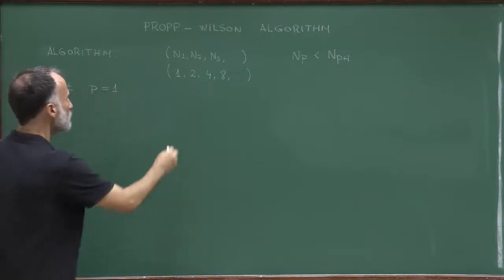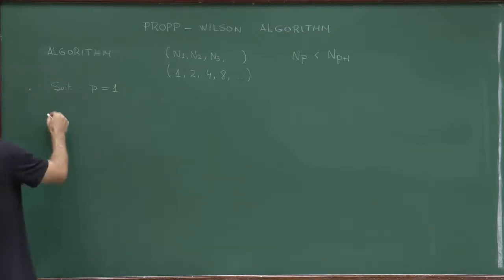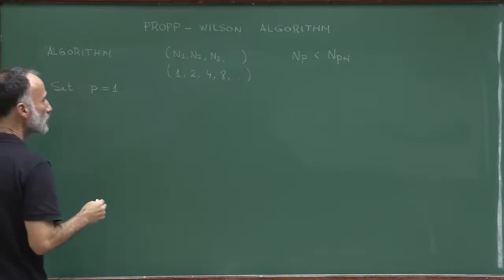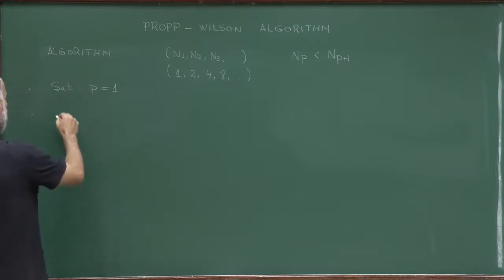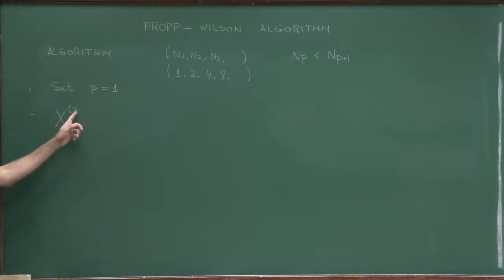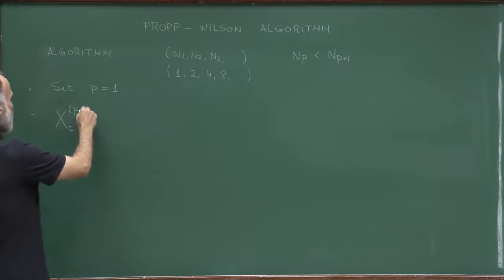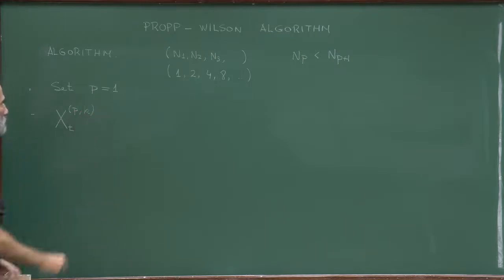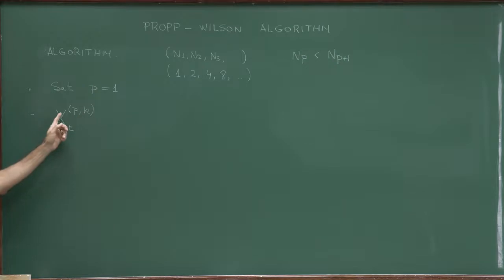So stage 1 means that you do the following. You start running a Markov chain, and this Markov chain will be represented by x_t. Because we are on stage 1, p will represent the stage, and k will represent the initial state of that chain.